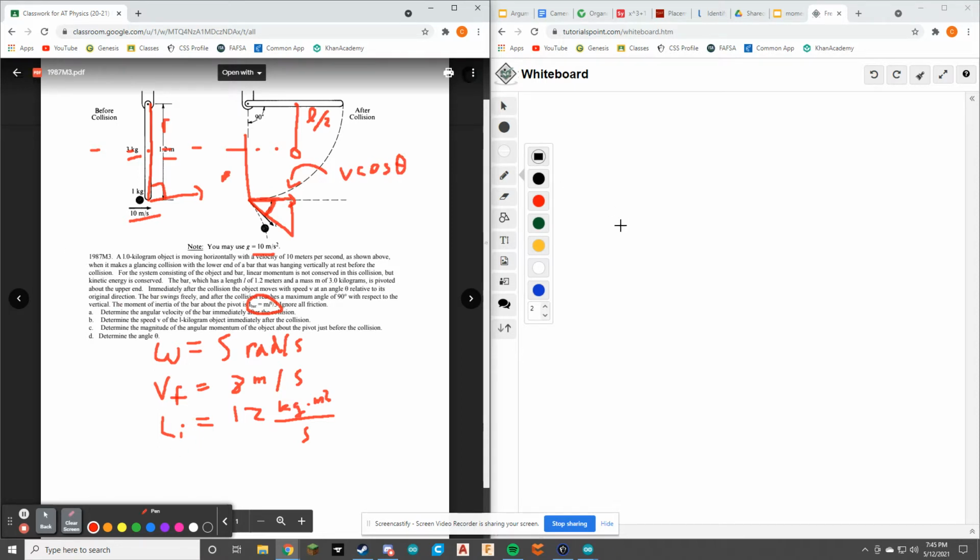So we have to use conservation of angular momentum. Initial angular momentum will equal final. Initial angular momentum is that of the ball.